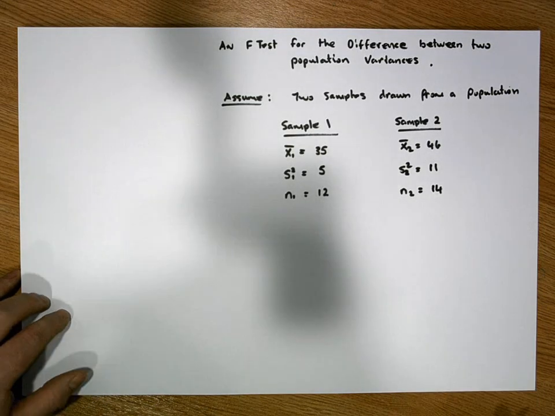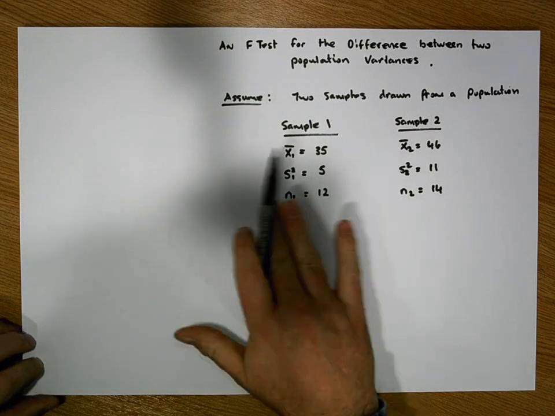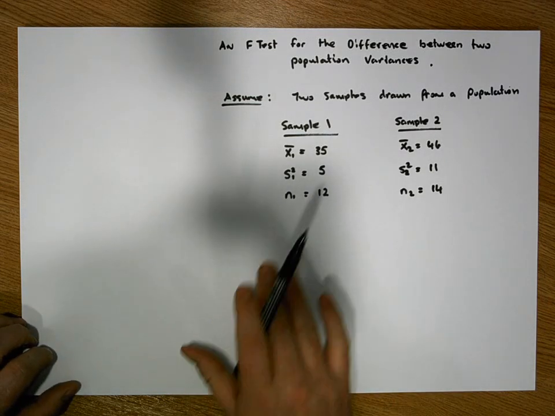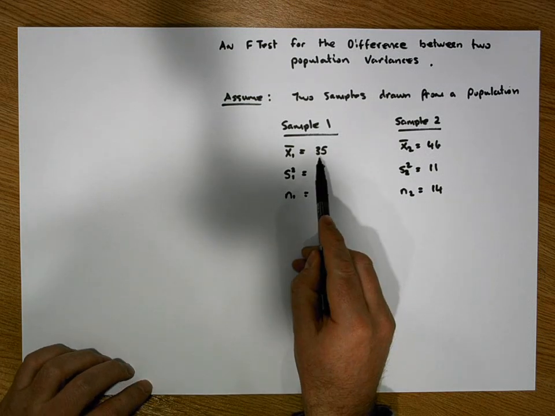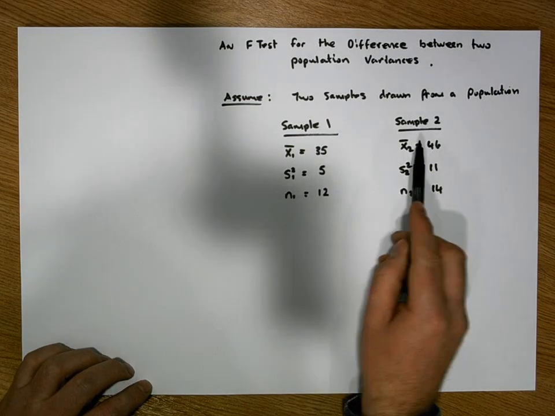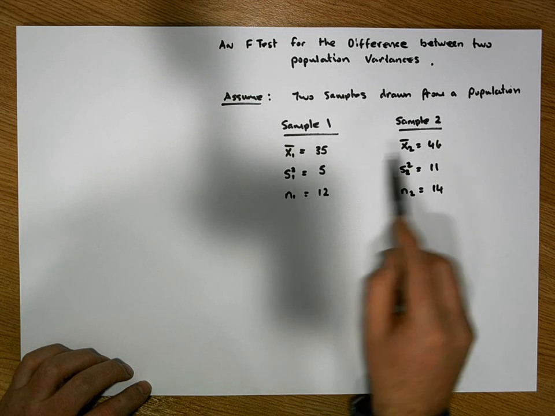There were 14 observations. In a later video, we'll use these two sets of sample data to try to infer whether there's a difference between the means that these particular samples have been drawn from.